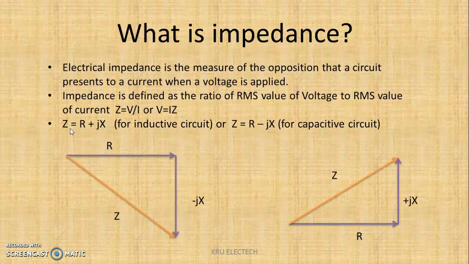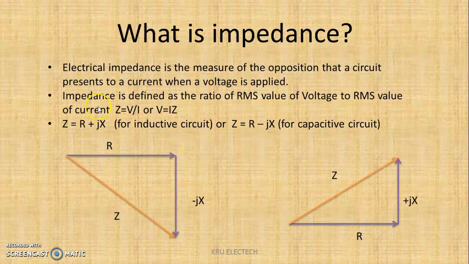Then how? Whenever you talk about an inductive circuit, at that time plus jX is there, and in the case of a capacitive circuit, minus jX is there. Why and how? Because this is the imaginary part.